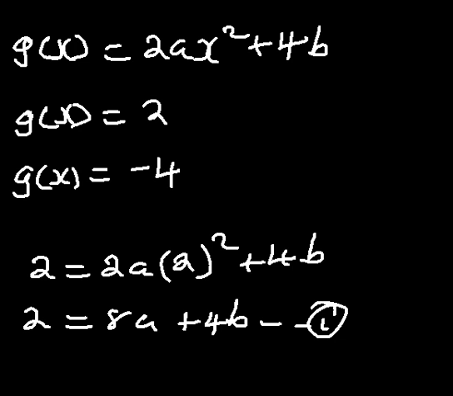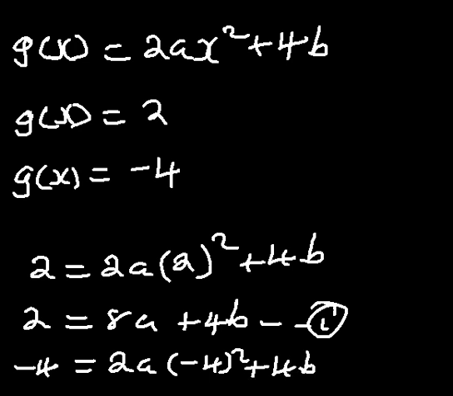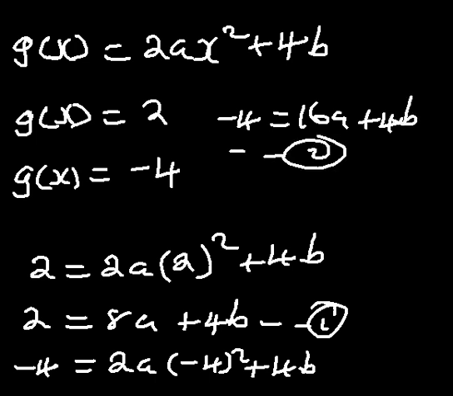And also do the same with the other one. We'll have negative 4, which is equal to 2a times negative 4 to the power 2 plus 4b. And of which we have negative 4 is equal to 16a plus 4b. So this is given as equation 2. So you'll be able to solve for a as well as b by solving those two equations simultaneously.